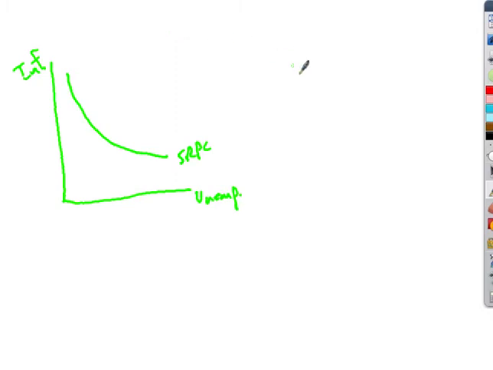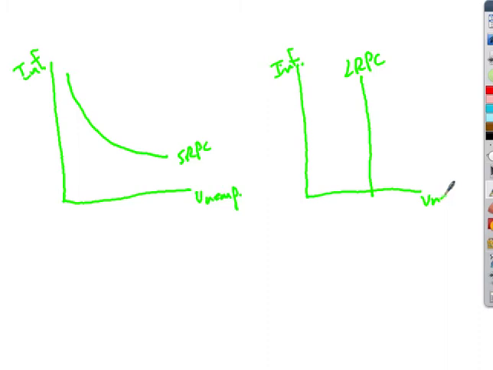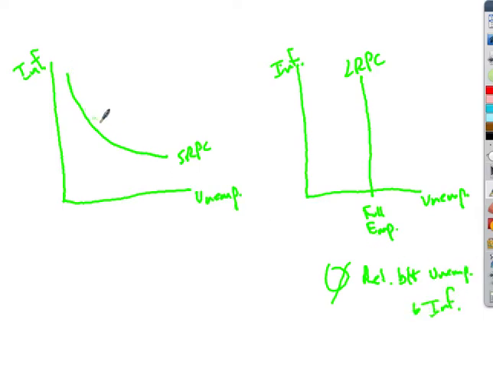And then if you were required to show the long run Phillips curve, this would be more AP style, you would do that, and you would use this to explain that, with inflation and unemployment, this is the full employment level of output, and you would just say there's no relationship between unemployment and inflation.